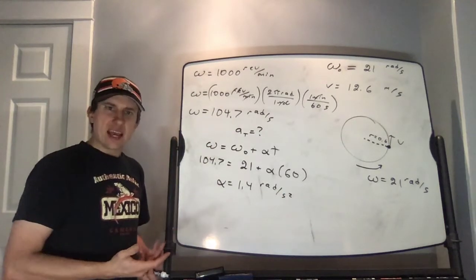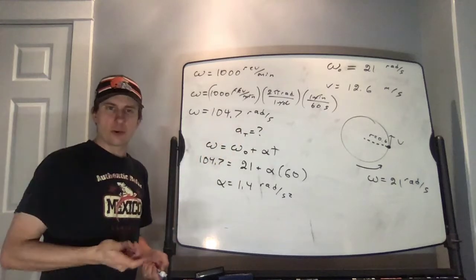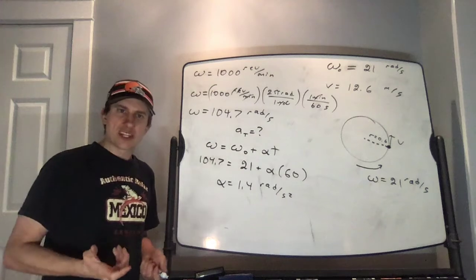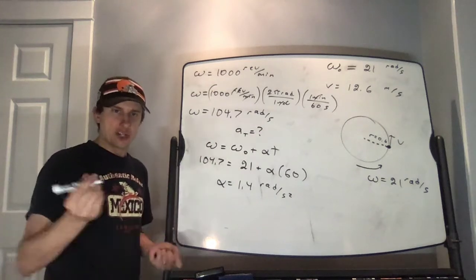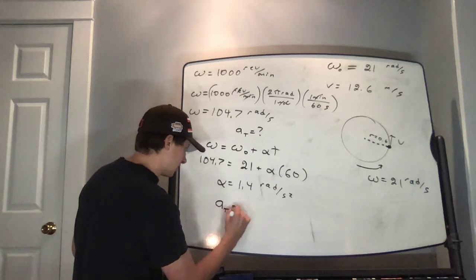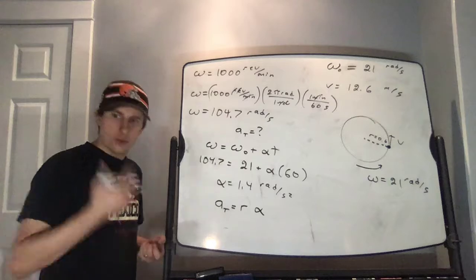Will knowing the angular acceleration help me find the tangential acceleration of the wheel? Yes, it will, because angular acceleration is related to tangential acceleration. They're related by tangential acceleration is equal to r times alpha, and we know the radius of the wheel.